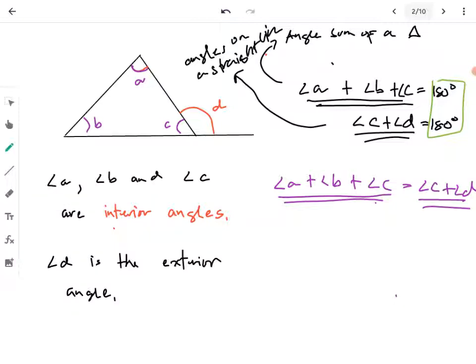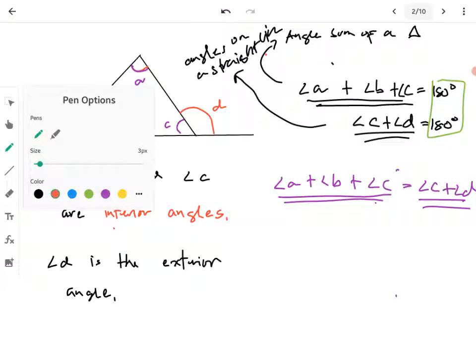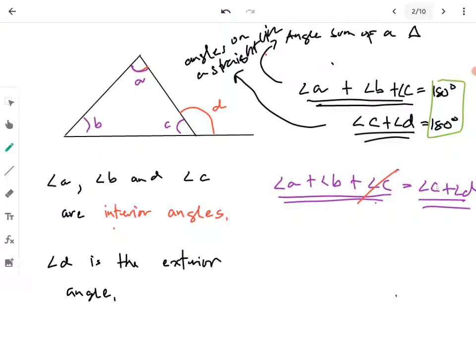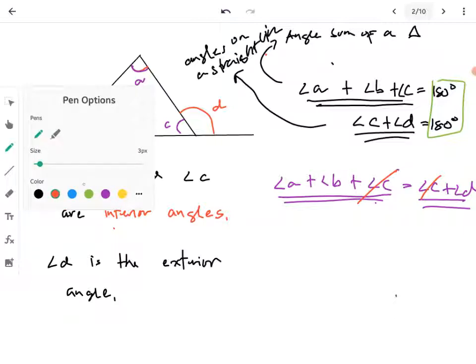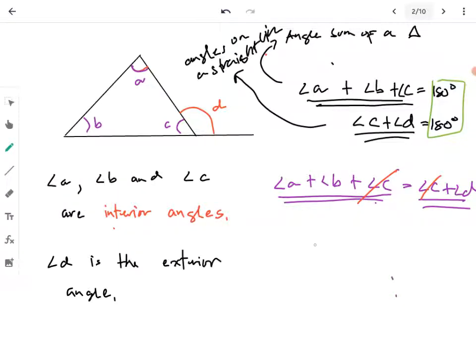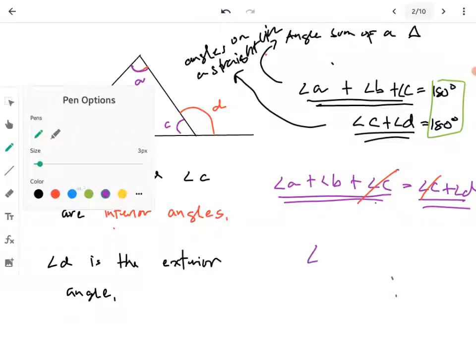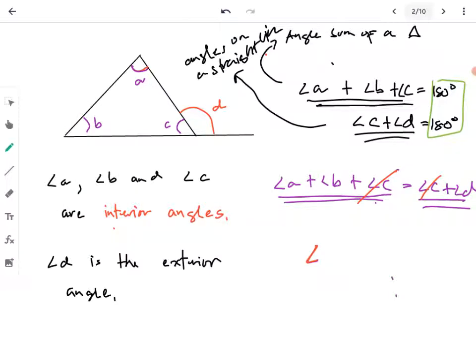By that basic mathematical idea alone, we can remove angle C from the left side because the equation will not be affected as we also remove angle C on the right. So the remaining equation becomes angle A plus angle B equals angle D.